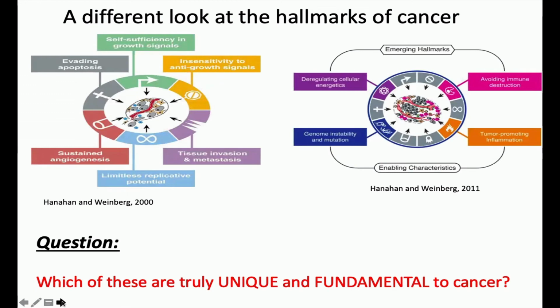So I gave Stephen some hard time. I said, okay, you need to look at the hallmarks of cancer from a different angle and find out what are the unique and fundamental hallmarks of cancer.